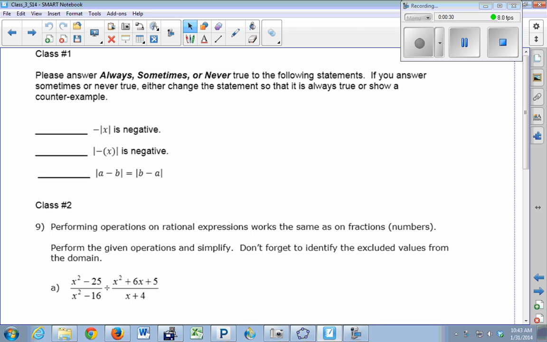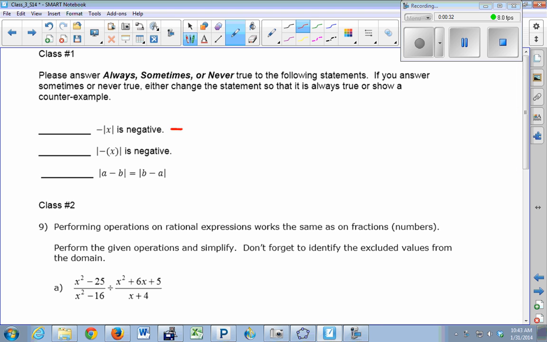So when we did this one in class, every single table told me always, all 5 tables. And I'm going to destroy you right now: the answer is sometimes. So can anybody think of a counterexample that would make that only sometimes true?